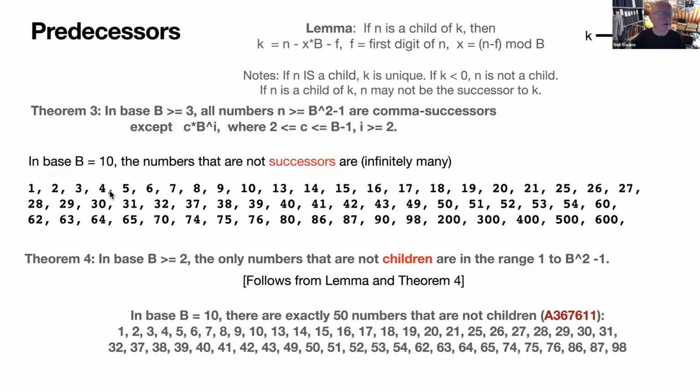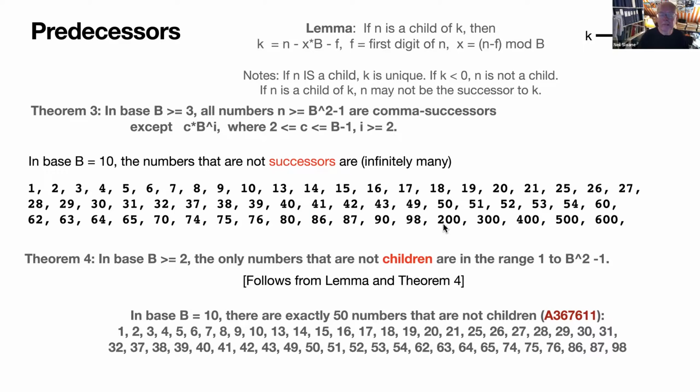And there are a certain set of two-digit numbers, which are a bit irregular, and then numbers like 200, 300, 400. And you can easily check, for example, that 200 is not the successor of any number.